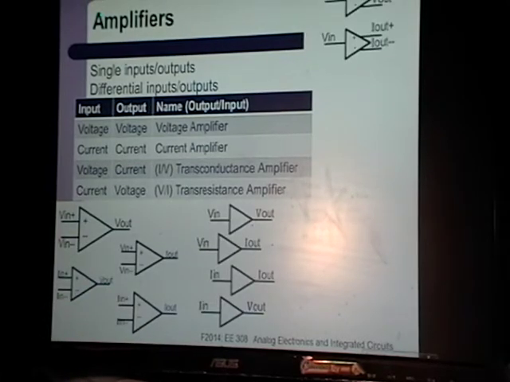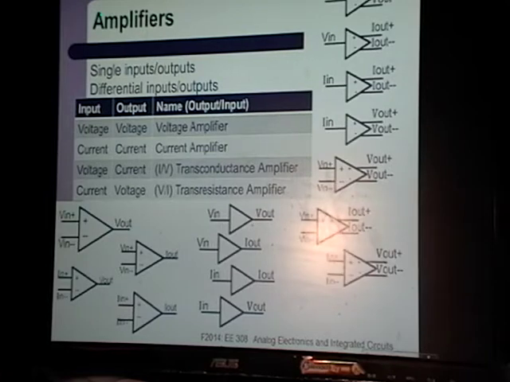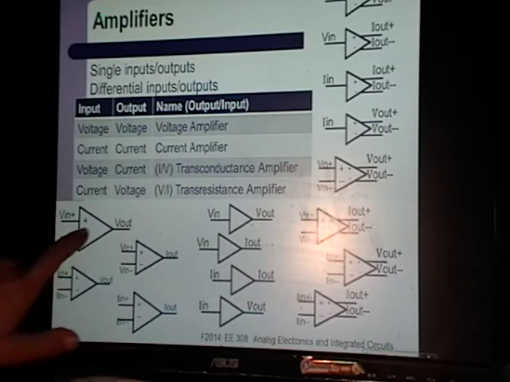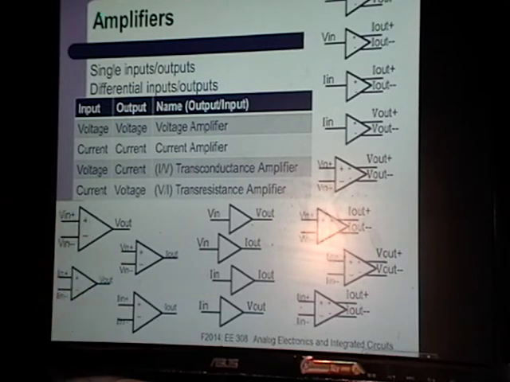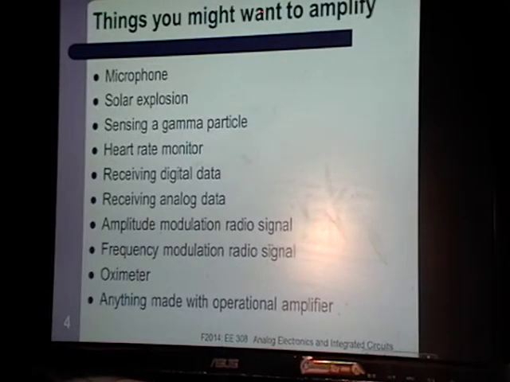You can draw them all up. That's how many amplifiers we could look at, but again, we are pretty much sticking with this first one, voltage in, voltage out, differential input to single-ended output. So that's what the op-amp that we've used looks like.